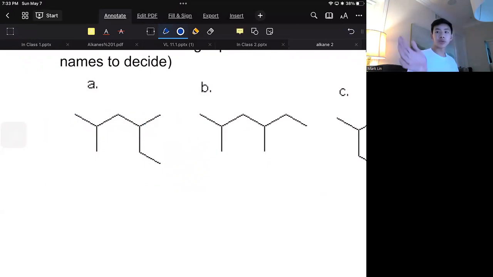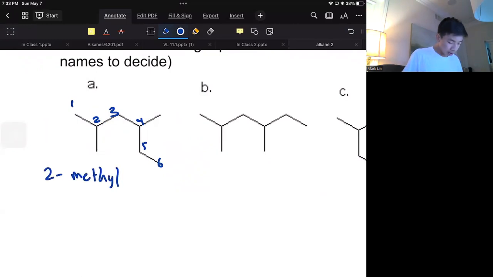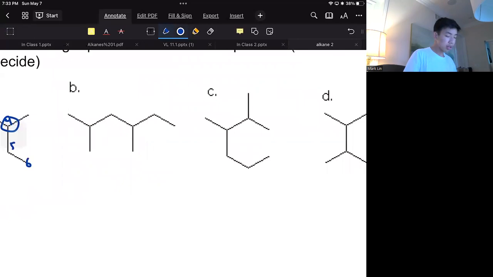And it's going to go from left to right because our first substituent will be at number 2. So it would be 2-methyl. And then at number 4, there's going to be a 4-methyl as well. For B, you can probably tell this is the longest strand.